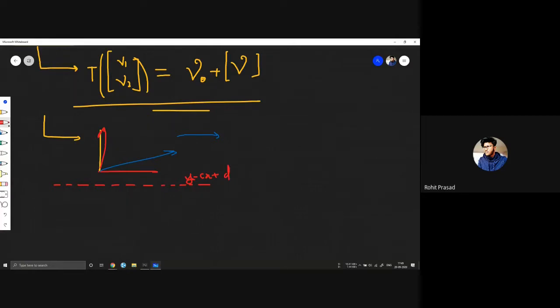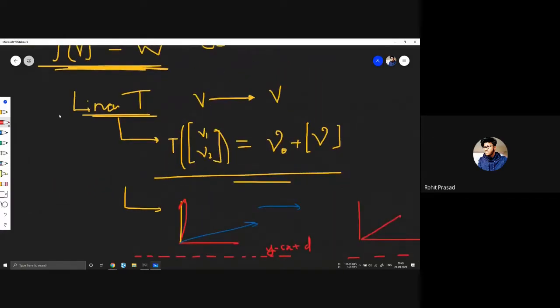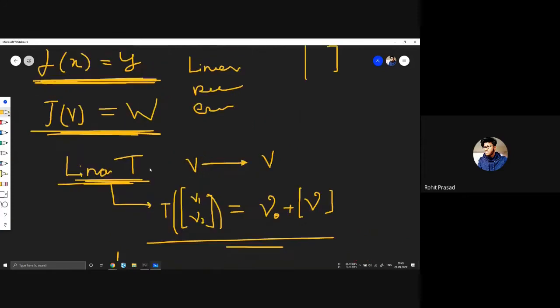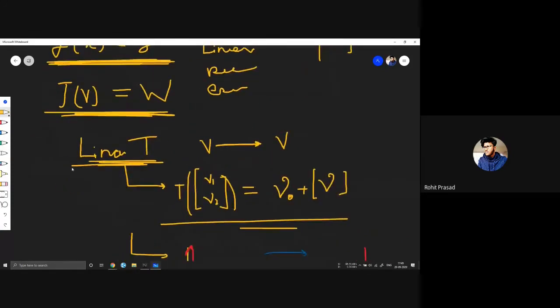So if you take a reflection through this line, initially it was something like this. If you take the reflection, it will be something like this. Okay, so this is also a linear transformation. So just like your linear function, there is something called linear transformation.